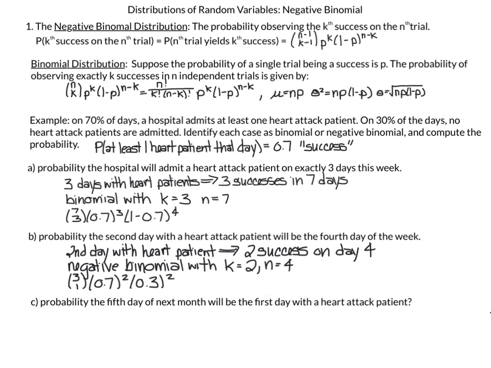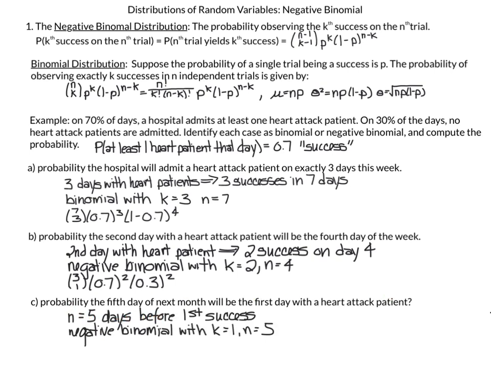So this here, 1st day with a heart attack patient, it looks like we're looking at what day we get our first success. So in other words, n equals 5 days before our first success, which sounds like a negative binomial with k equals 1, our first success, and we're looking for the probability that the number of trials or number of days is equal to 5.